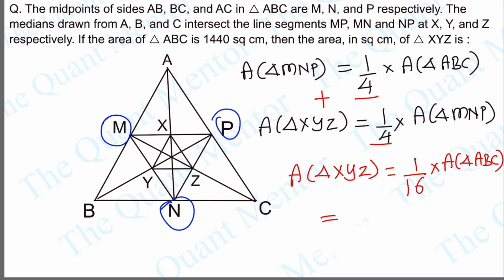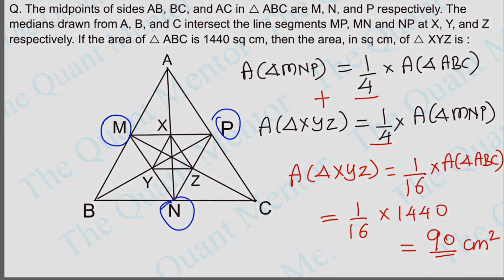The required area of triangle XYZ is 1/16 times the area of the big triangle ABC. 1/16 of 1440 will be 90 square centimeters. The answer to our question, 90 square centimeters. Simple question, beautiful question. That's how we solve this very simply. The answer is 90 square centimeters.